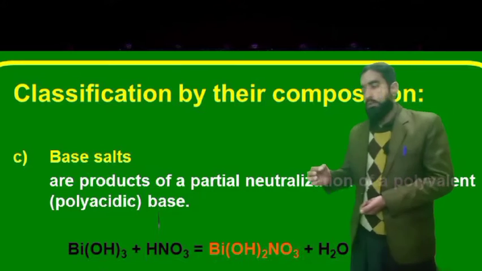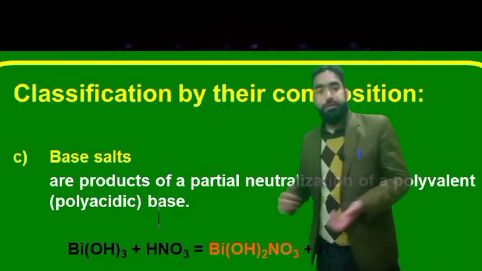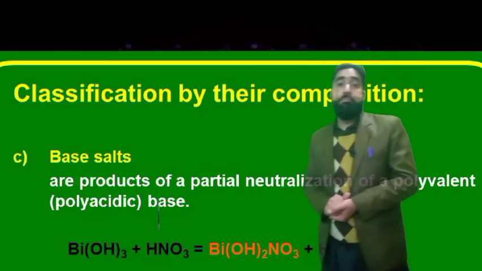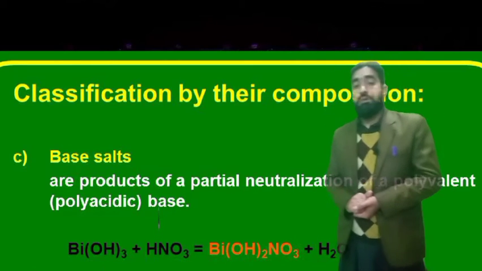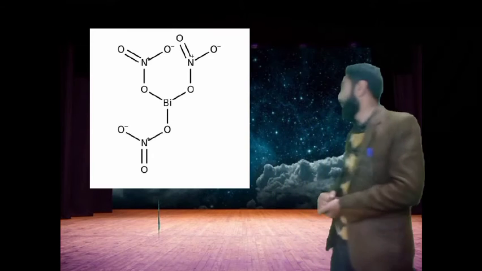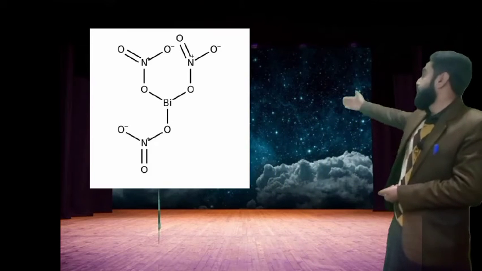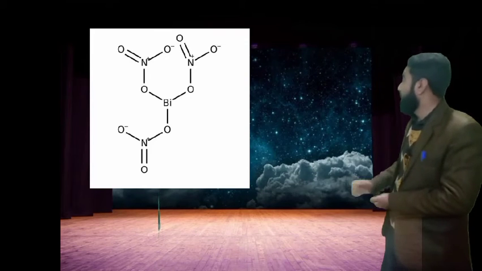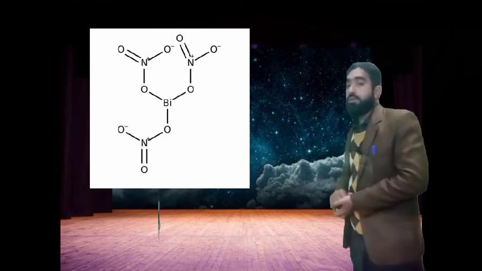Its pH value will be from 8 to 14. The best example of the basic salt is bismuth hydroxynitrate. You can see that that is the basic salt which has partial hydroxyl ion.